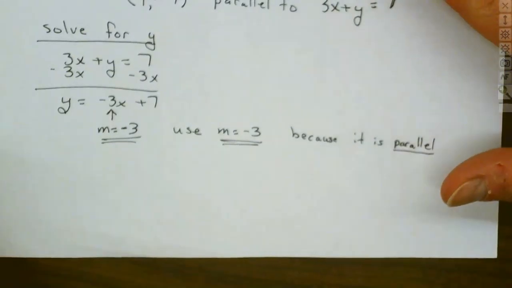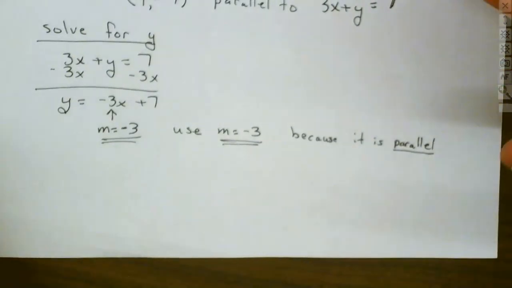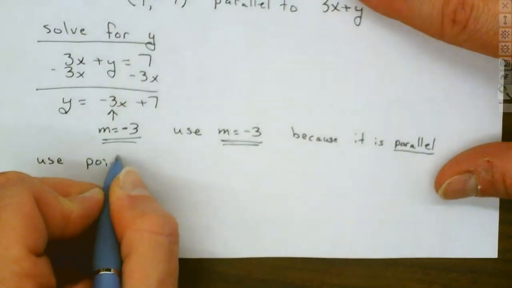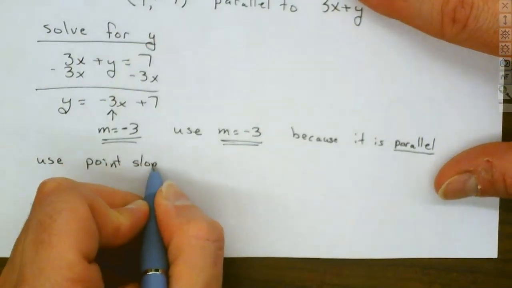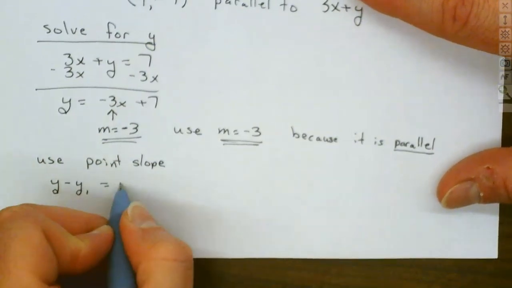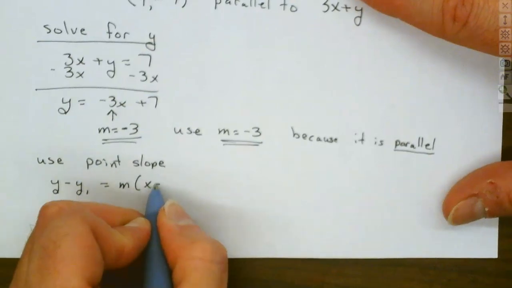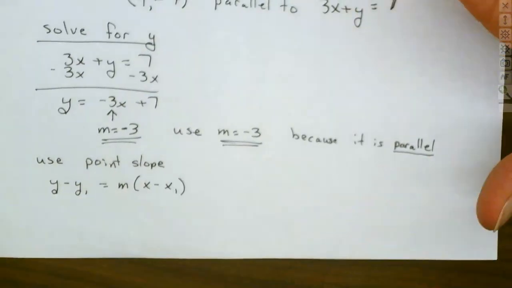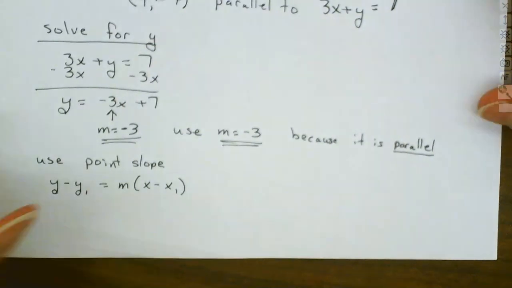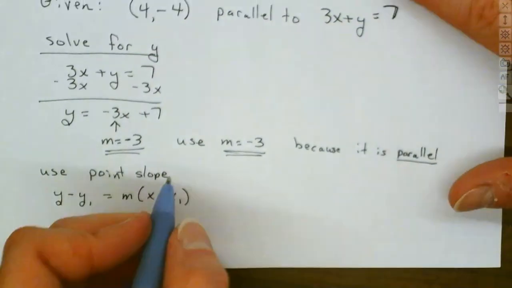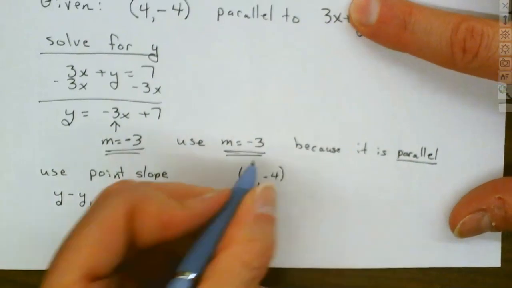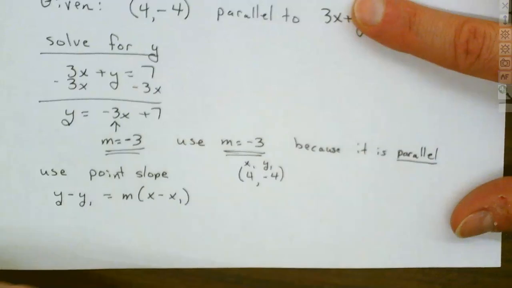Now what do we do? We just solved it for y. We found our slope. Now we're going to use point slope. And that is y minus y1 equals m times x minus x1. And now we go back and we've got this point. And what's our point? 4, negative 4. So this is x1, and this is y1.